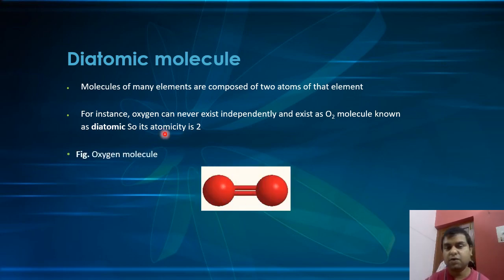And this is how it would look. This is just a rough representation of how a diatomic molecule looks, not necessarily an oxygen molecule, but a diatomic molecule will be like this. The two rods you can see between the two, which look like dumbbells, are actually the attractive forces, a bond formed between the two.